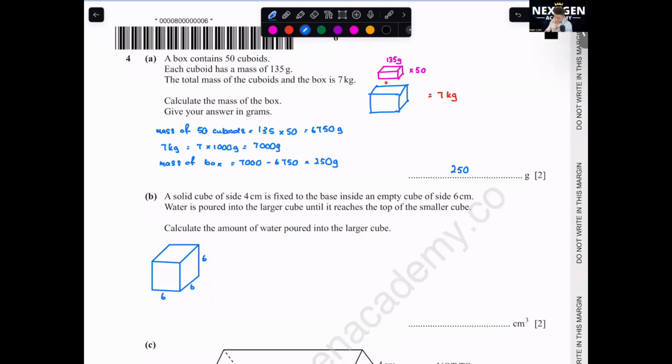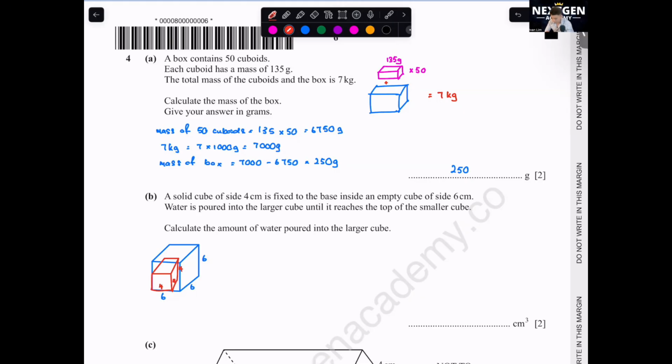And then you've got this smaller cube put inside at the side. Let me try to draw as nicely as possible. So this little cube inside is 4, 4, 4.